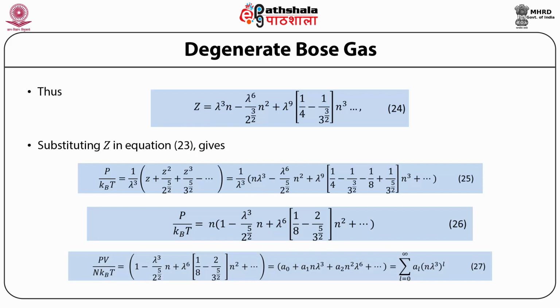Therefore, PV upon N kBT is equal to 1 minus lambda raised to power 3 upon 2 raised to power 5 by 2 n plus lambda raised to power 6 into 1 upon 8 minus 2 upon 3 raised to power 5 by 2 multiplied by n square plus so on, is equal to A naught plus A1 n lambda cube plus A2 n raised to power 2 lambda raised to power 6 plus so on, which can be written as sum over L is equal to 0 to infinity A L multiplied by n lambda cube raised to power L.